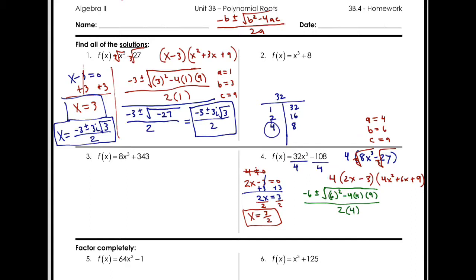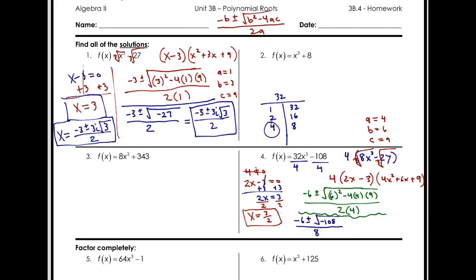Next step, figure out what you have underneath the radical. So you're not going to put the radical on it, just type this part underneath it in your calculator and see what's left underneath. And that will give you a negative 108 underneath. So let's rewrite this here. Negative 6 plus or minus radical negative 108. Then 2 times 4 is 8.